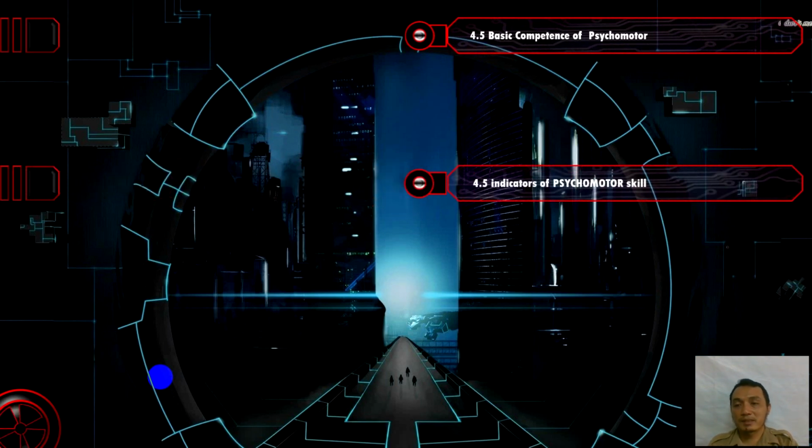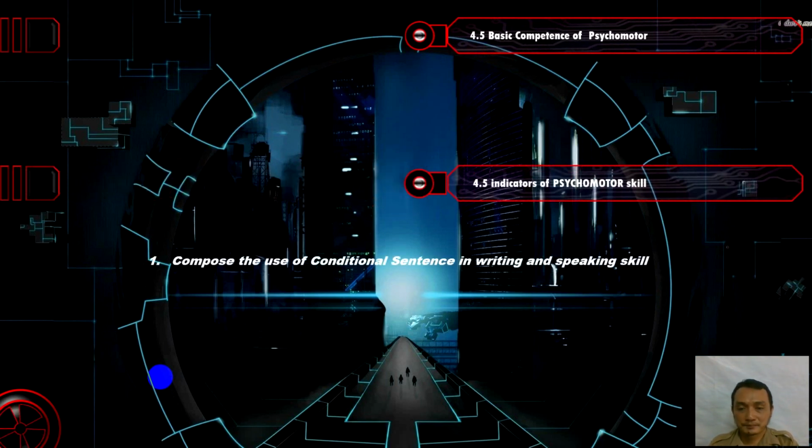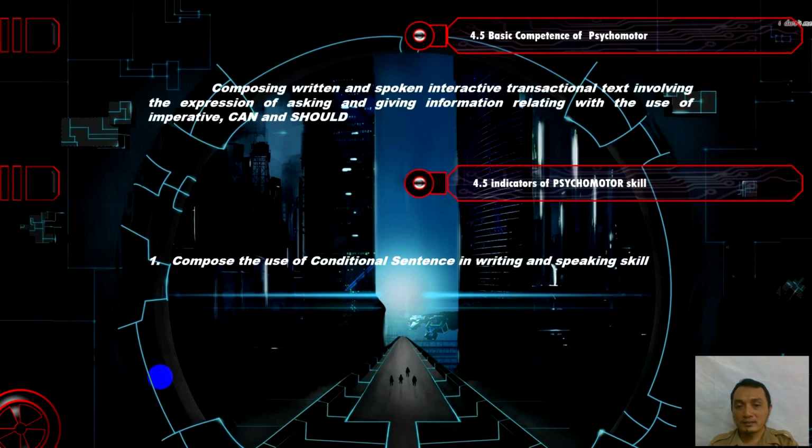The content of the basic components of cognitive skill is composing written and spoken interactional texts involving giving impressions relating to the use of imperative, can and should. The indicator is only one: compose the use of conditionals in writing and speaking skill. Make a conversation, make a dialogue using conditional sentences in imperative, in can, and also in should.